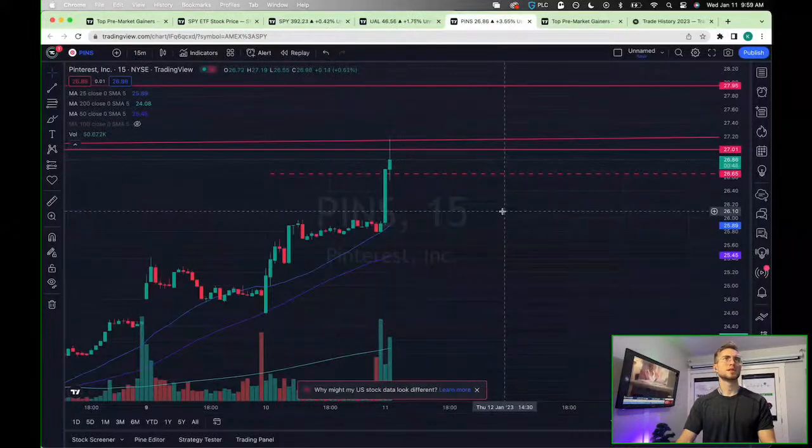Tencent has had a pretty decent fall today, down 3%. We got BABA down. Pins is trying to come in. Let's look at adding to UAL short. 46.66.